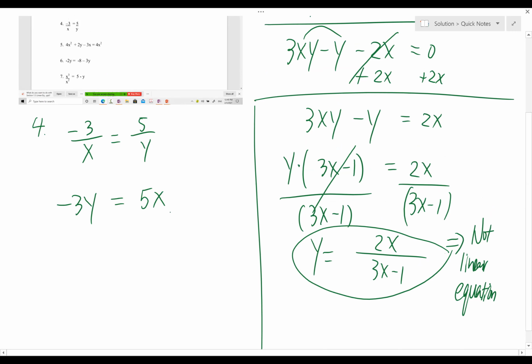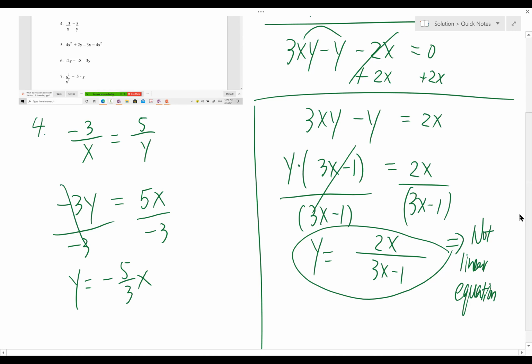And again, we're going to solve for y by dividing both sides of the equation by -3. So y is by itself, and here is -5 over 3 times x. Is this a linear equation? Any suggestion?